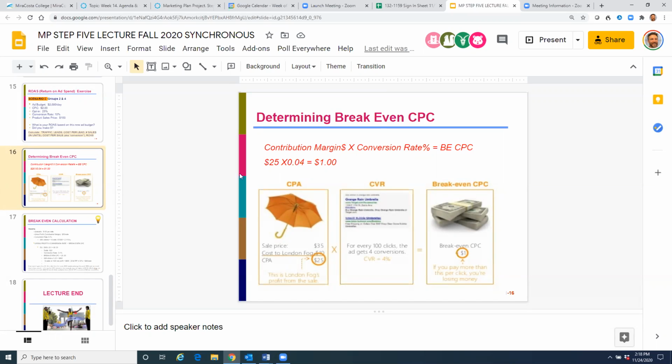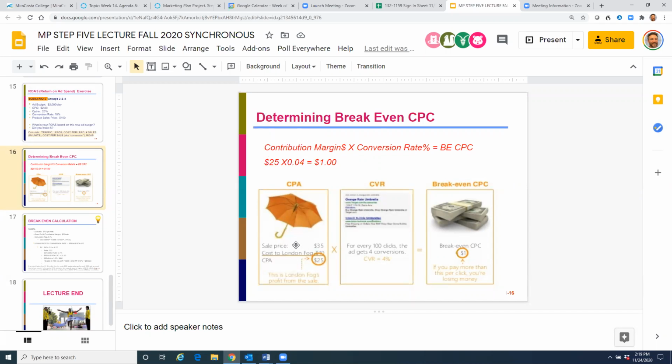So let's assume you have a contribution margin, I'll explain that in a second, of $25 and a conversion rate of 4%. 25 times 0.04 gives me $1. That tells me that I shouldn't spend more than $1 on a cost per click bid, or I'm going to go negative. So what is this contribution margin piece?